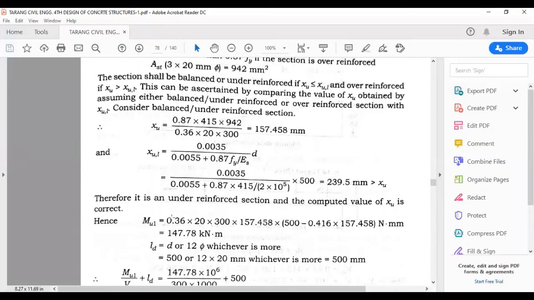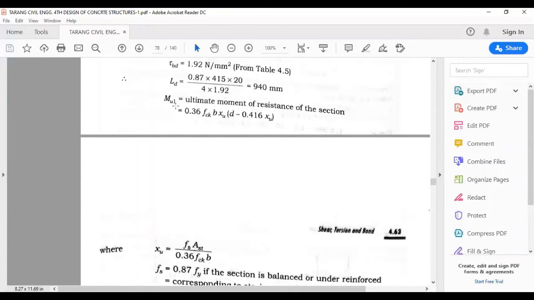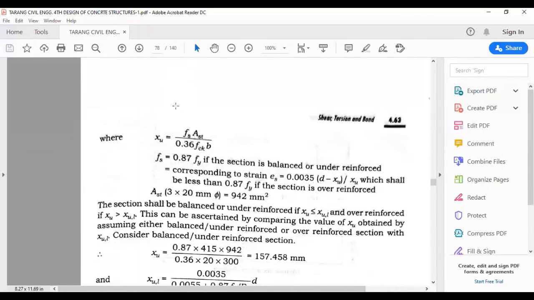Now coming to the ultimate moment of resistance of the section.